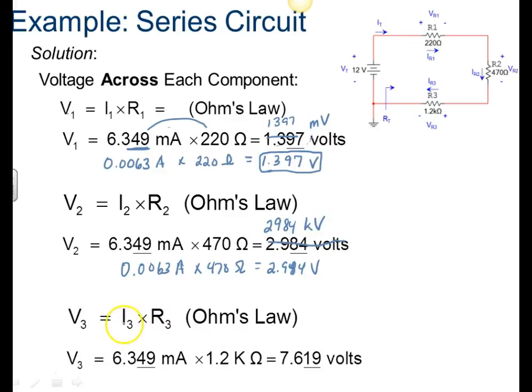Then we have the same thing through R3, which is here. We've got 0.0063 amps times 1,200 ohms equals 7.619 volts. So again, kilo ohms here and milliamps. It's not obvious when you look at these that milliamps times kilo ohms leads to volts.